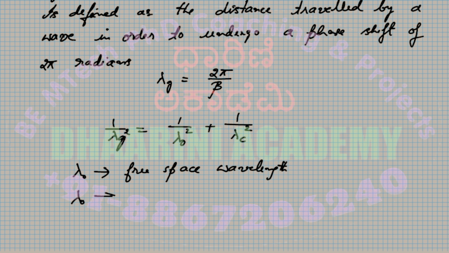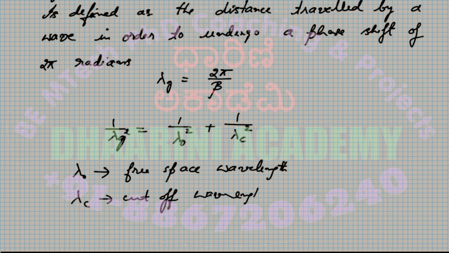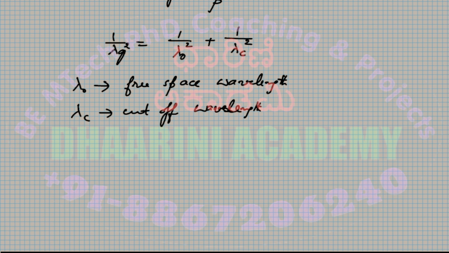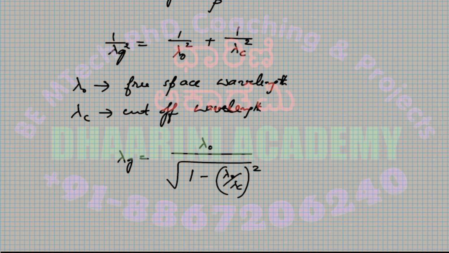Lambda c is the cutoff wavelength. Further, this equation can be simplified and written as lambda g equal to lambda naught divided by root of 1 minus lambda naught by lambda c the whole square. Again, just mathematics to get this.